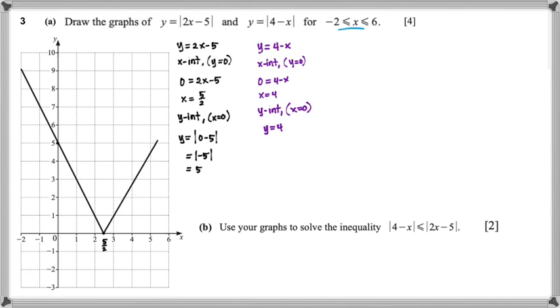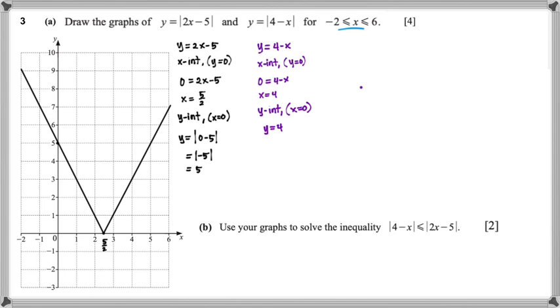We just need to reflect. It's around here, so that line. And then we also plot the points for the other equation. Let's use another color for this.